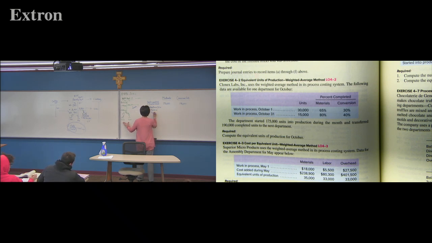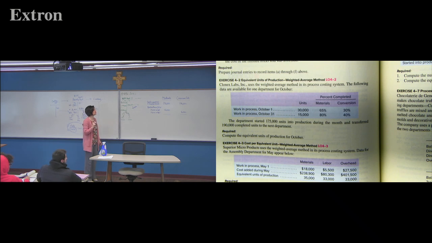And because those units are not the same percentage of completion for both categories of costs, I have 15,000 times 80%, which we already did, is 12,000. And then 15,000 times 40% is 6,000. And that was the percentage for my conversion costs. So the 12,000 goes under materials, the 6,000 goes under conversion costs. When I add my columns, I get the answer I'm looking for.